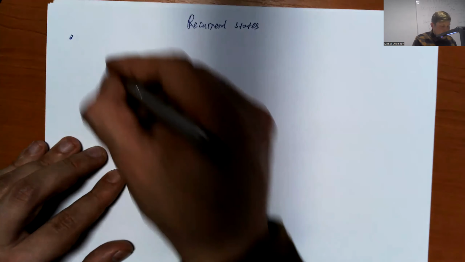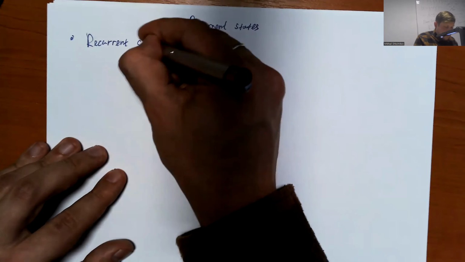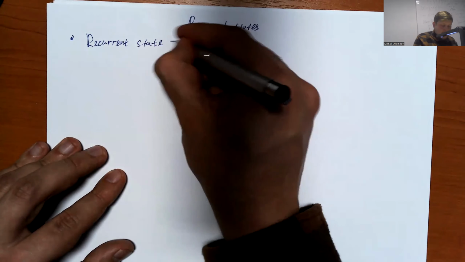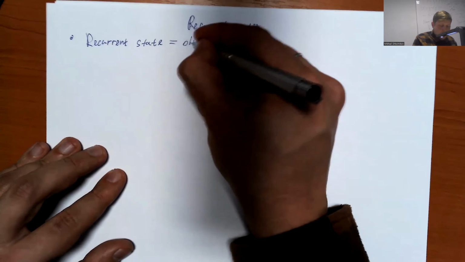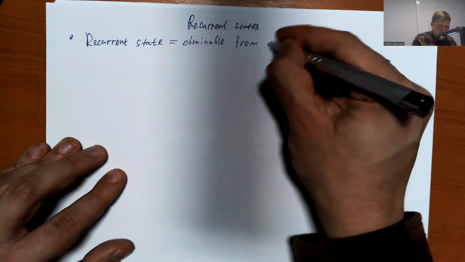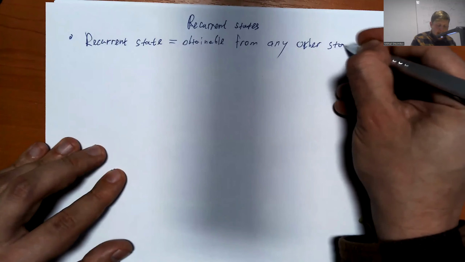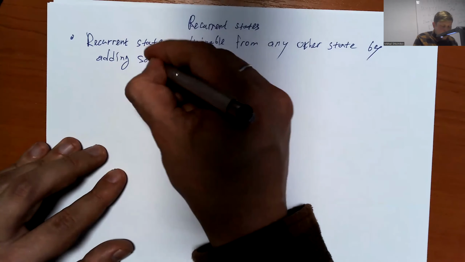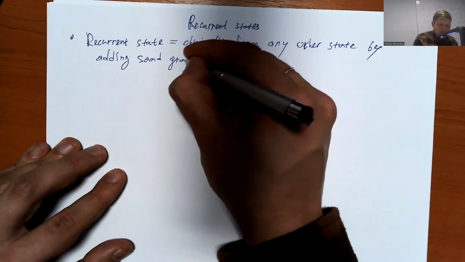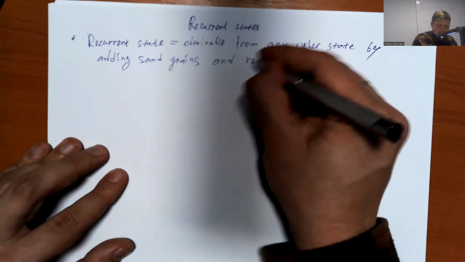So a recurrent state is something which is obtainable from any other state by adding sand grains, so by increasing the values, if you like, and relaxing.